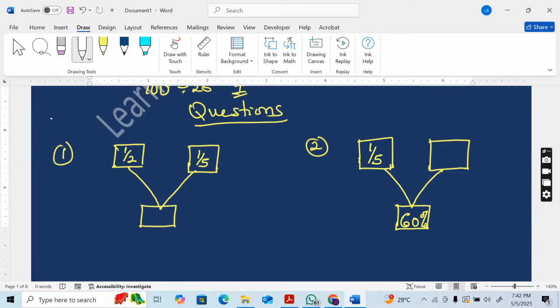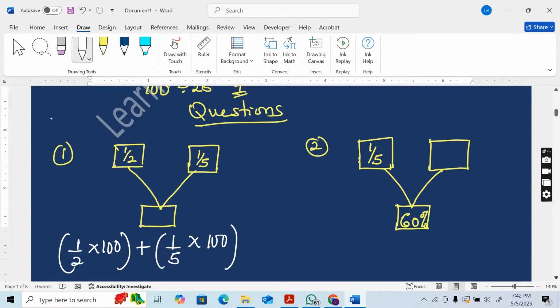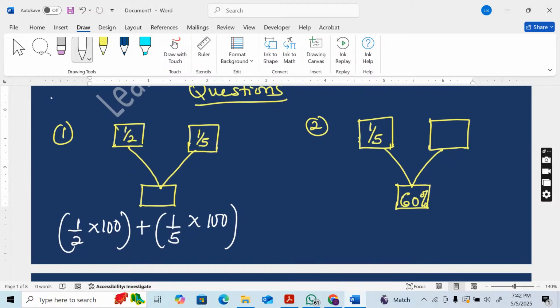All right, so the percentage of half, that is 1 over 2 times 100%, in brackets, plus 1 over 5 times 100%, in brackets. 2 goes into 2 is 1, 2 goes into 100 is 50 times. 5 goes into 5, that's 1, and 5 goes into 100, that is 20 times.